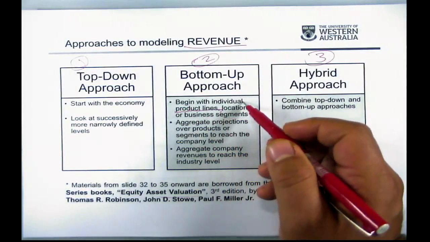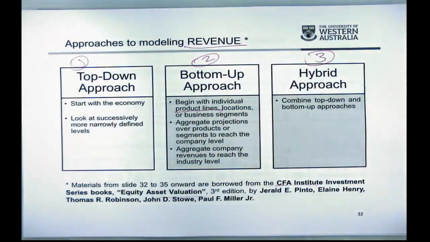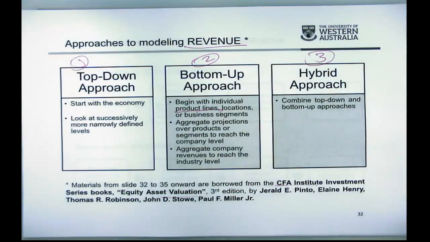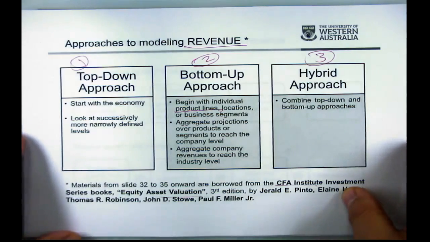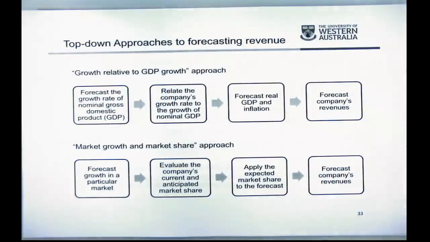We can do a combination of these two, where, for example, we may relate the sales of a given segment to some macroeconomic factors and forecast the sales of each segment. Then we combine the expected sales for each segment together to get an aggregate figure for sales.